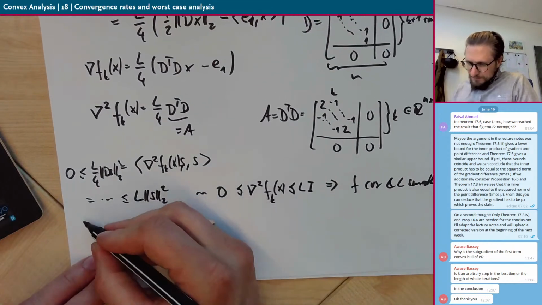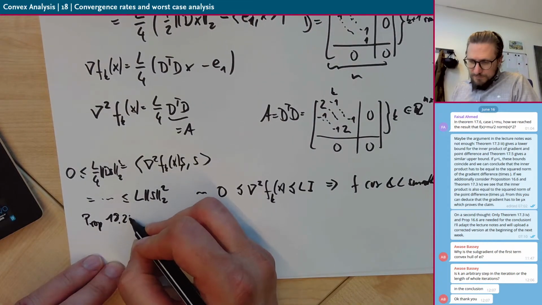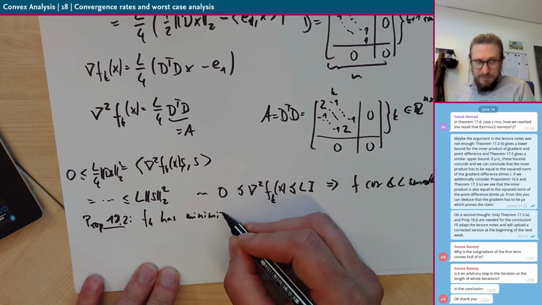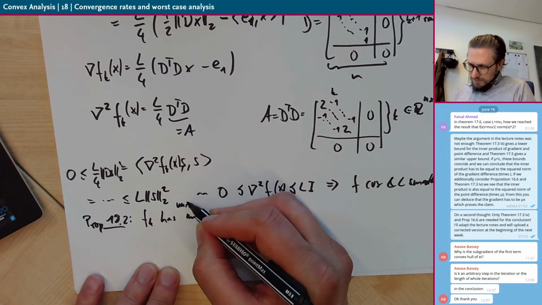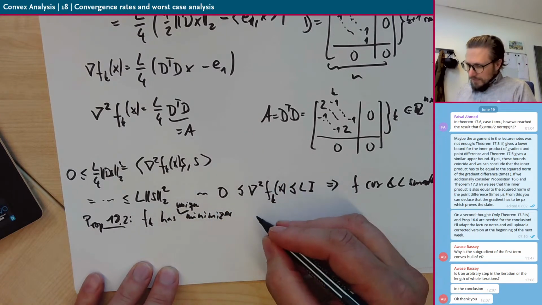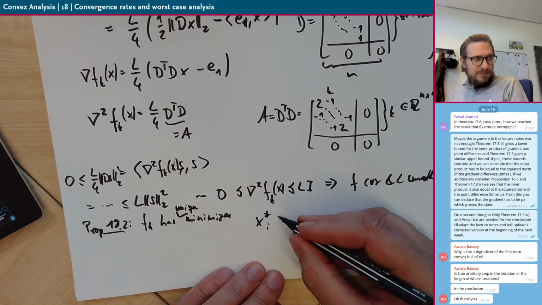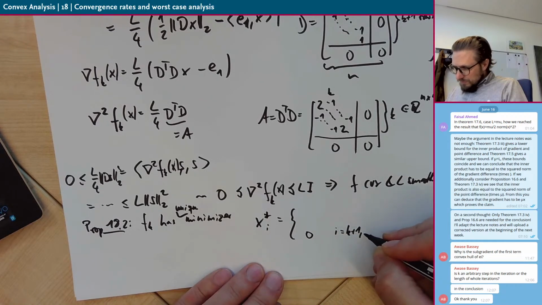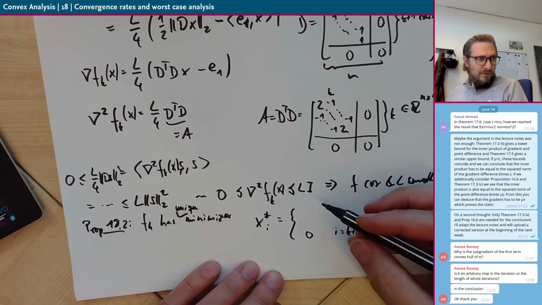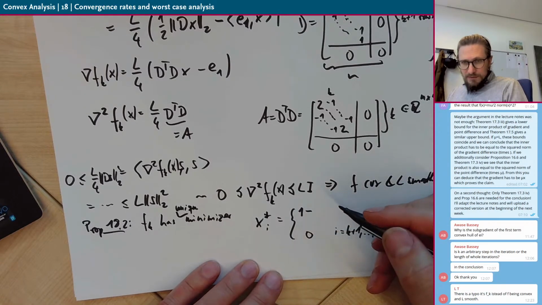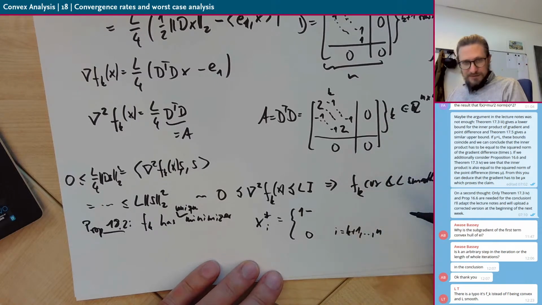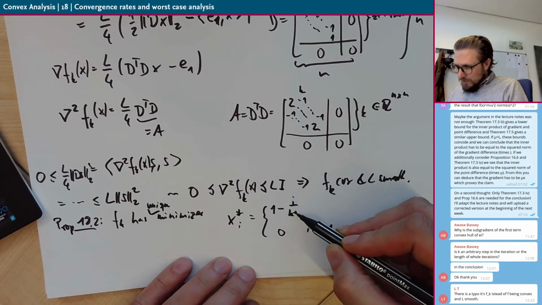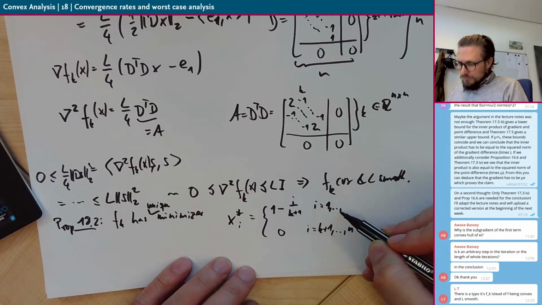I formulated this as a proposition, 18.2. f_k has a unique minimizer x star, and the ith entry of that is either 0 if i is k plus 1 up to n, or it's the value 1 minus i divided by k plus 1 if i is 1 up to k.